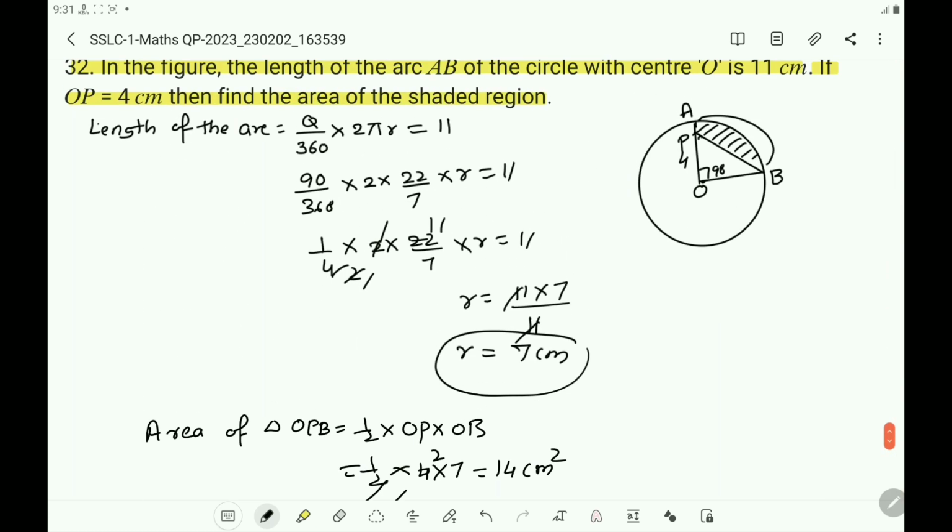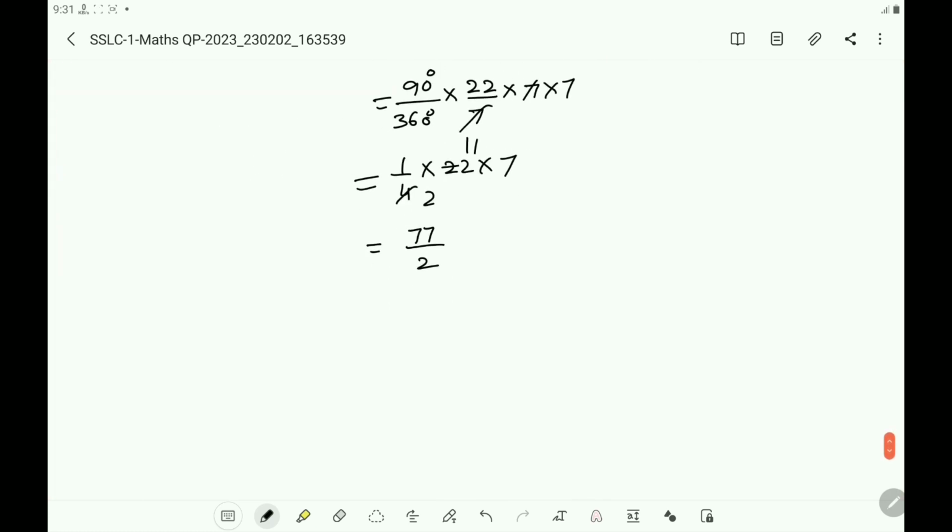Then you got 77 by 2. Then area of the shaded region is equal to what? Area of shaded region equals area of sector minus area of triangle.